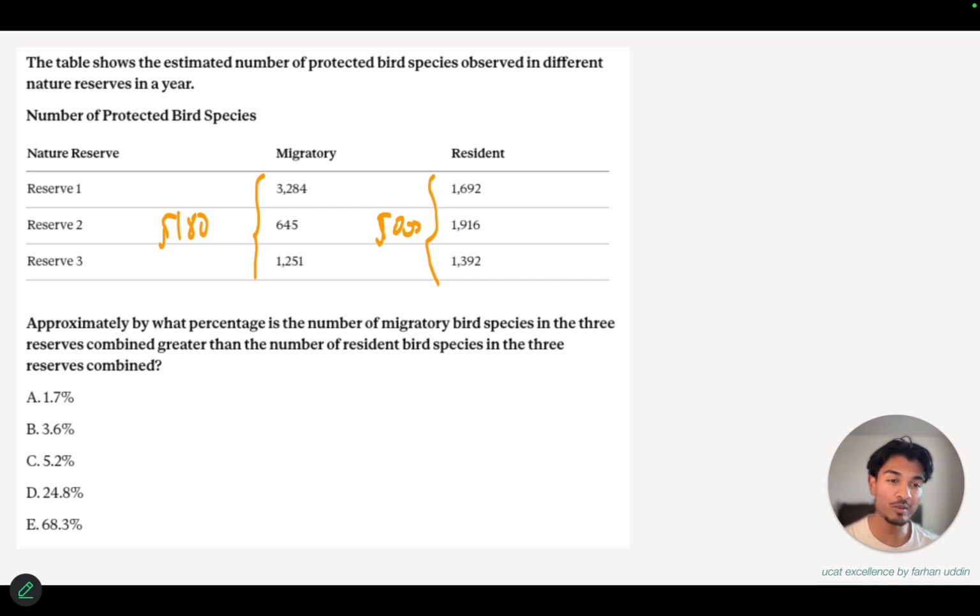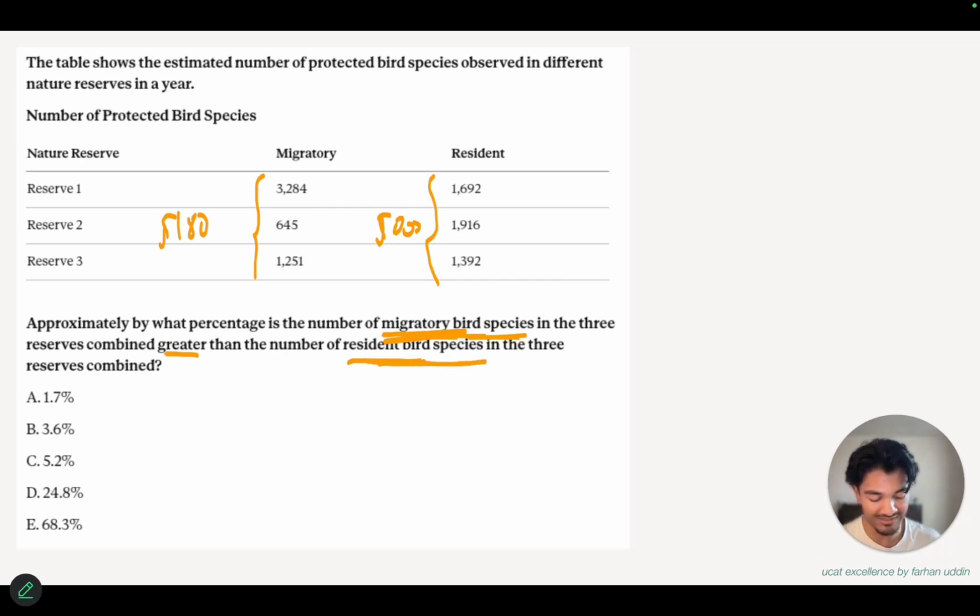Now, the only place you can really go wrong here is picking the wrong new value and the wrong old value. So the way we do that is we read the question and ask ourselves what's the comparison and what's the comparator? So approximately by what percentage is the migratory bird species greater than the number of resident bird species?